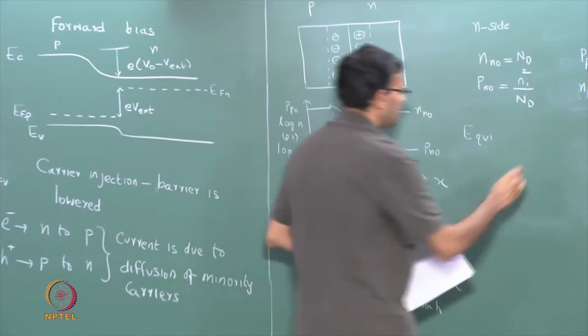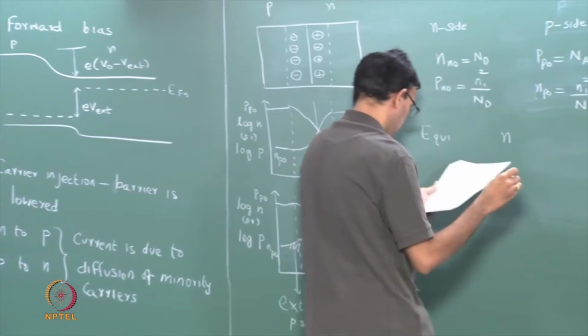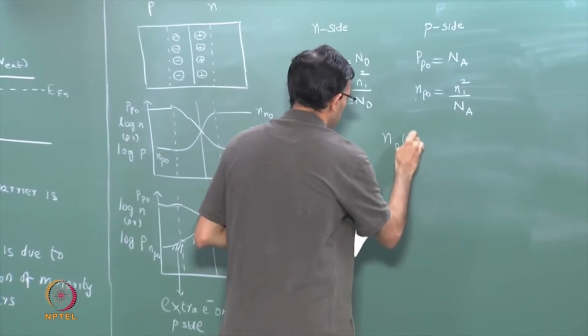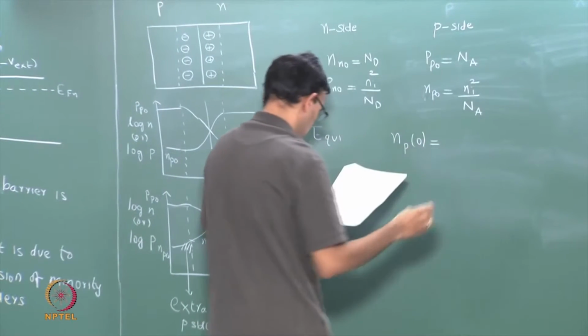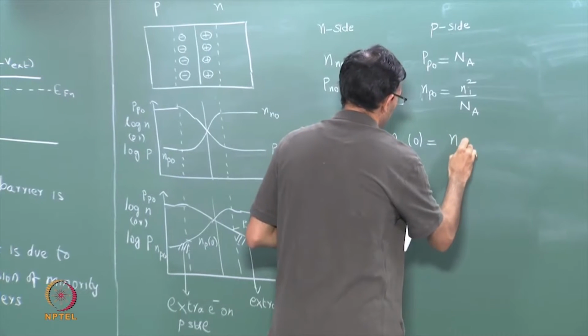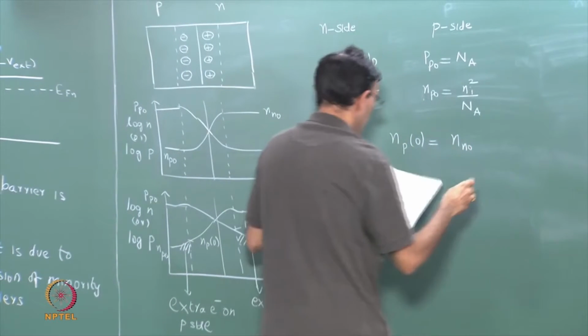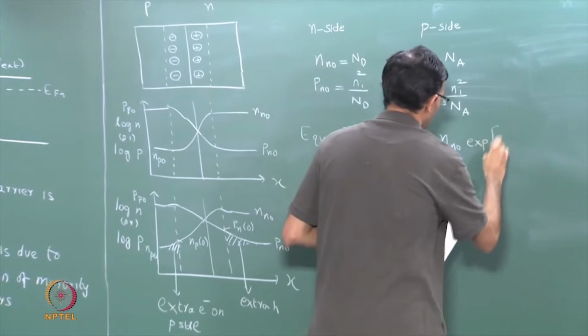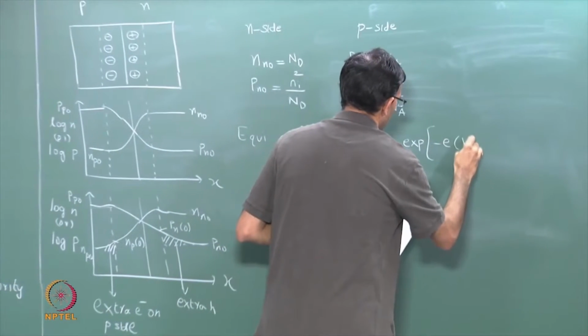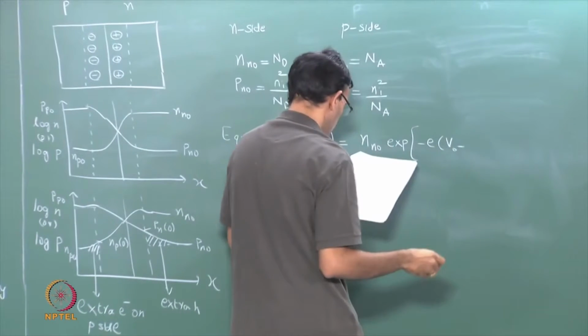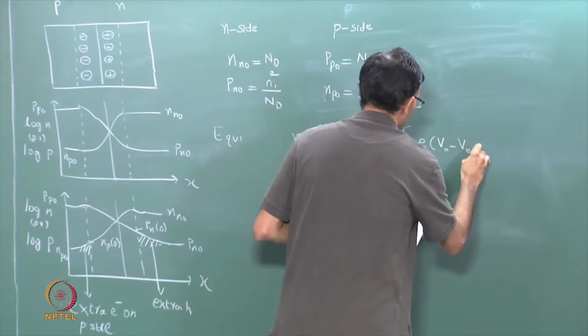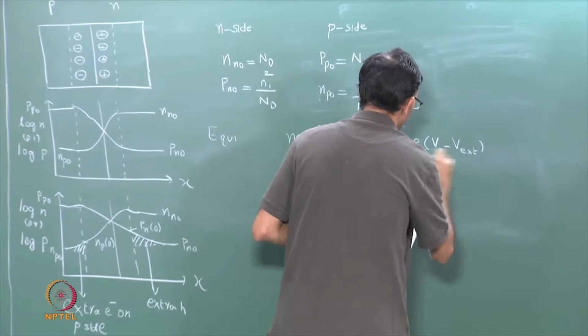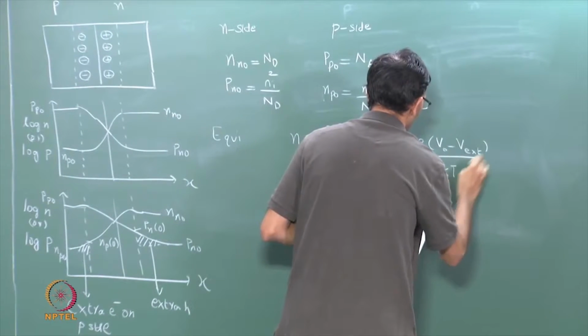You can write an expression for that: n_p0 exponential of minus e(V0 minus V external) over kT.